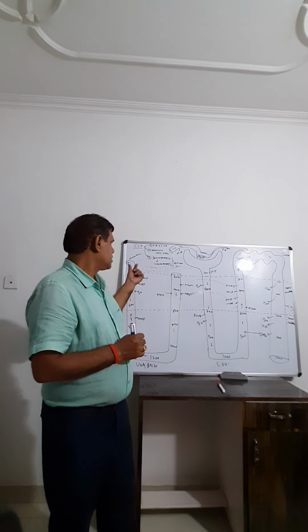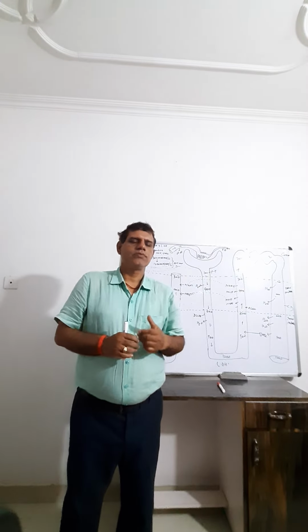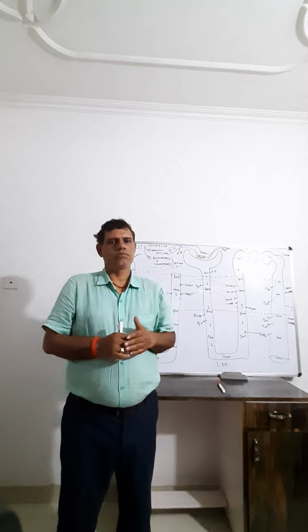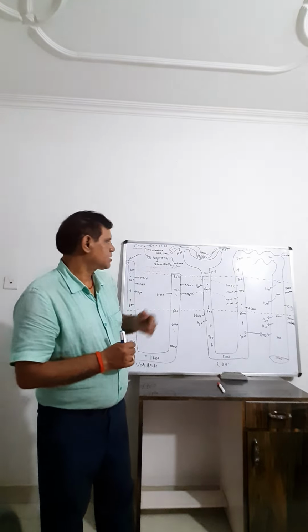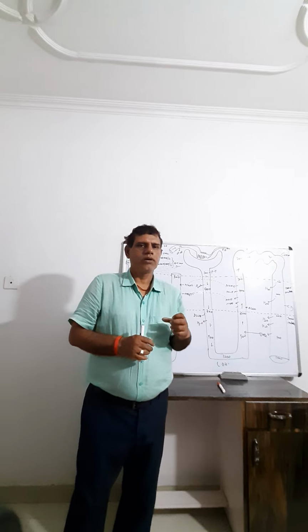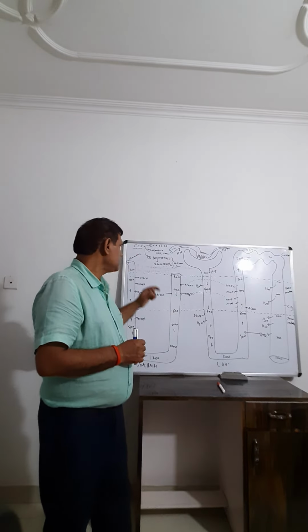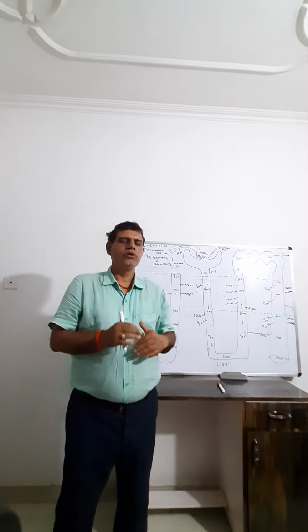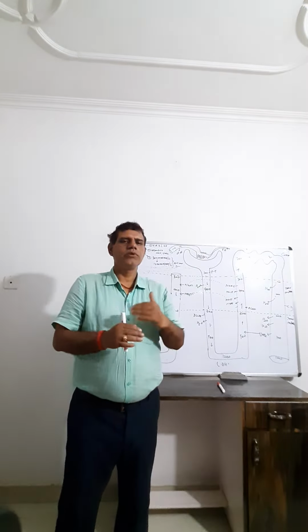So reabsorption in the PCT takes place by both active and passive transport, and maximum glucose, amino acids and sodium ions are reabsorbed. In the loop of Henle, minimum reabsorption takes place.